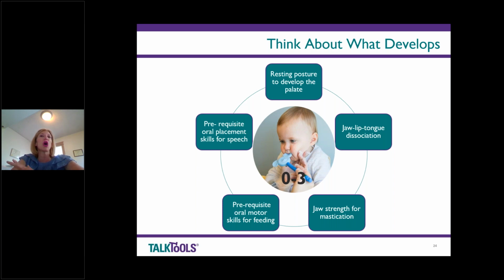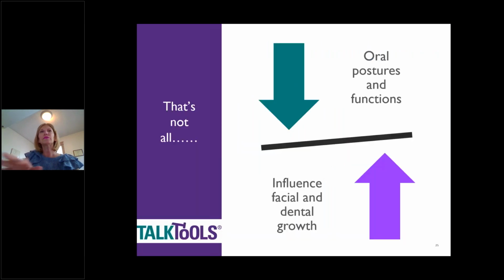In 0 to 3, jaw strength for mastication is developing. Babies go through mouthing and teething and all of those naturally occurring things that help them with jaw strength. These are prerequisites for oral motor, for both feeding and oral placements for speech. So 0 to 3 is jam-packed with oral sensory motor norms that are supposed to be occurring.